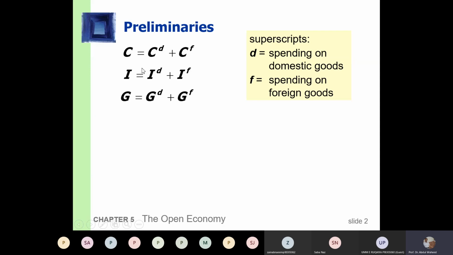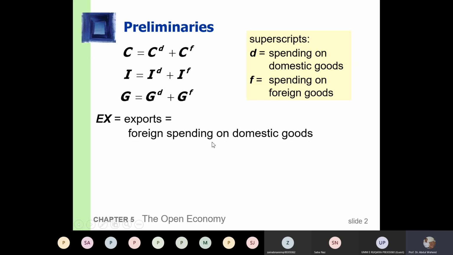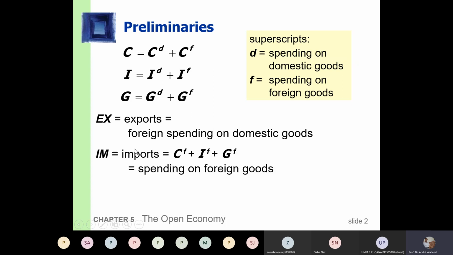So now you can see this CF, IF and GF, if we add all, then we will get imports. Import is the sum of CF, IF and GF, because this is the spending on foreign goods. So spending on foreign goods is import.